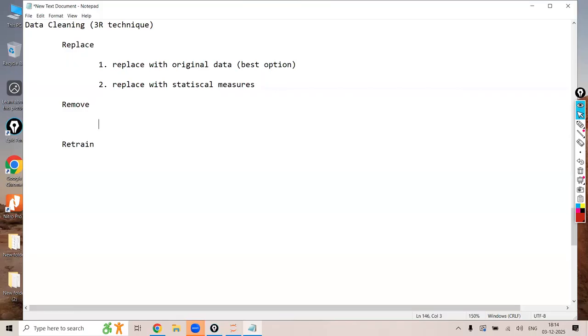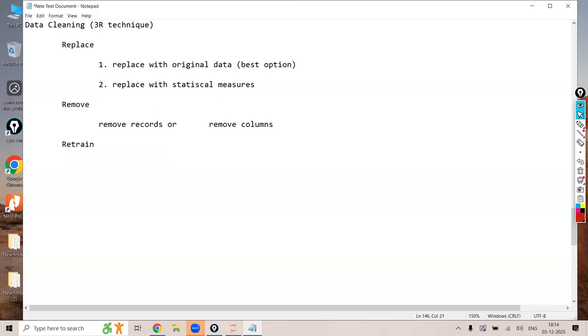Remove means remove the records or remove the columns. Out of these two, we are going to do one. Which one?